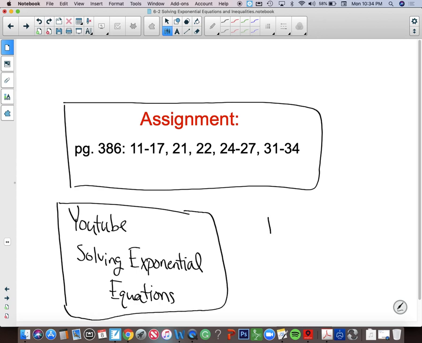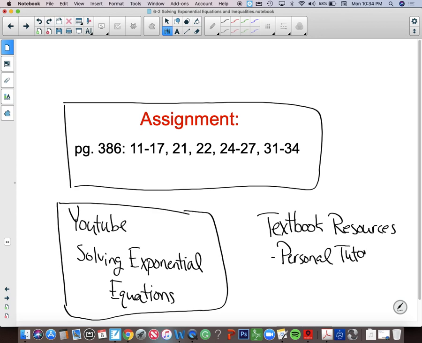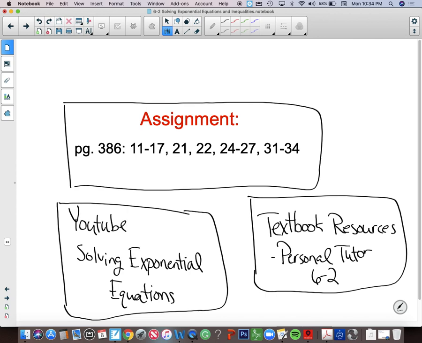Or you can also go to your textbook resources, and you can go to the personal tutor. So that would be the personal tutor for lesson 6-2. That would be another good resource for you because they explain it fairly similar to the way I do.